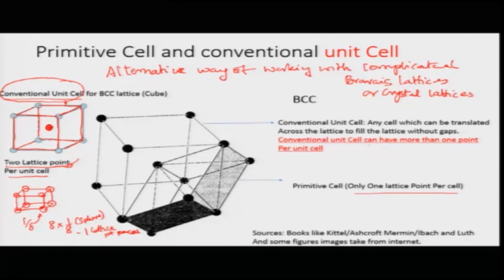A conventional unit cell can have more than 1 point per cell, but it makes description of these lattices a little easier. So, you can describe a BCC not with this primitive cell, but with a cubic unit cell, and you can define your primitive vectors along these 3 directions, with the only requirement that there are 2 points per conventional cell.